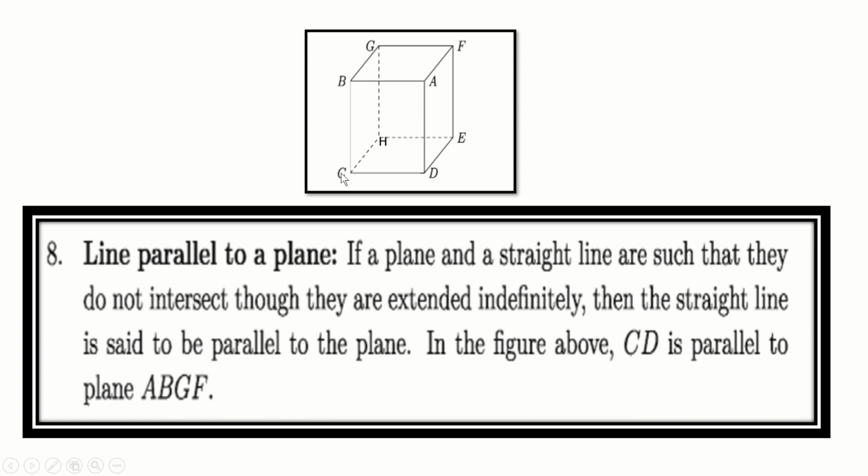That means this CD is parallel to ABCF, or we can say HE is a line parallel to the plane ABCF, or you can say CH is parallel to the plane ABCF. Clear?